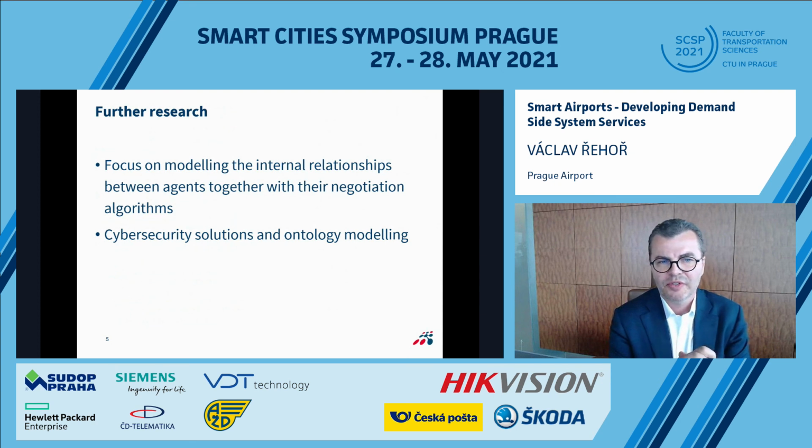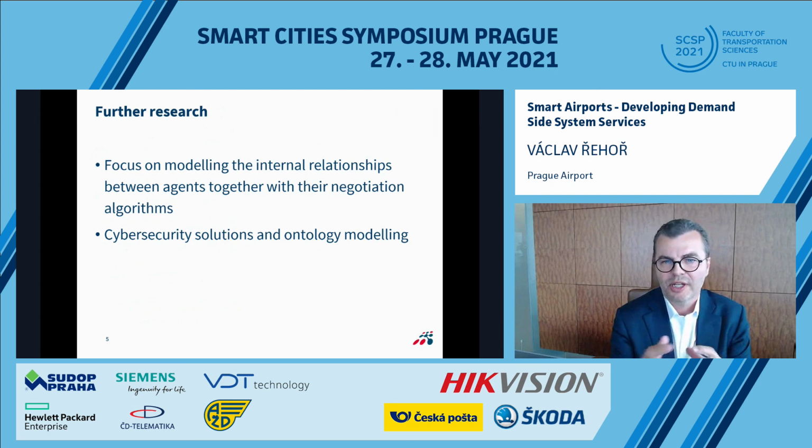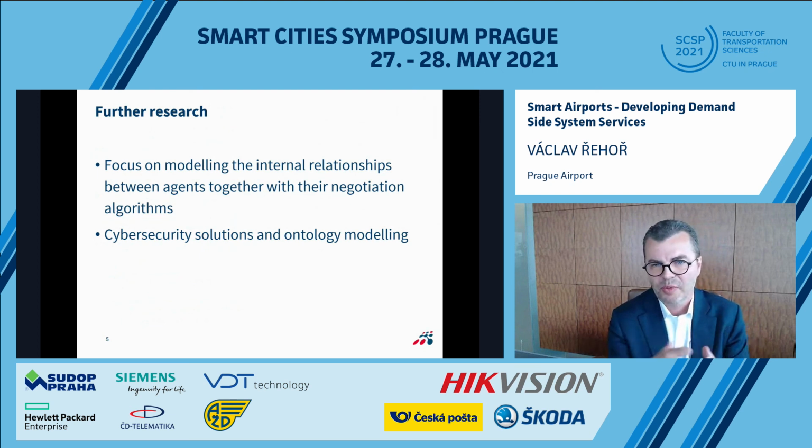This will definitely bring us a way to develop and help those agents negotiate through some kind of algorithm. And then based on this theoretical approach, we, as the airport and the smart Prague, can cooperate and satisfy the customers, in our case passengers. We can lower the cost for both sides and so on.